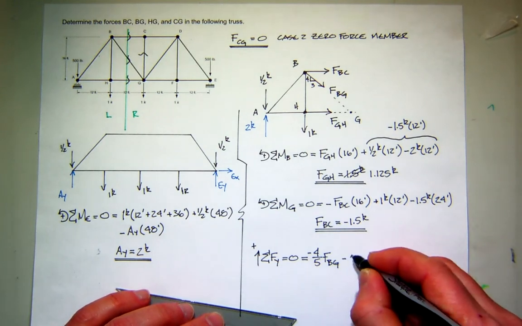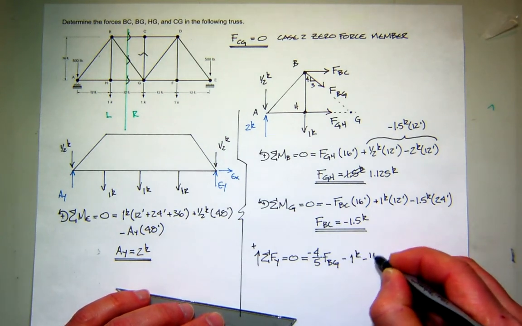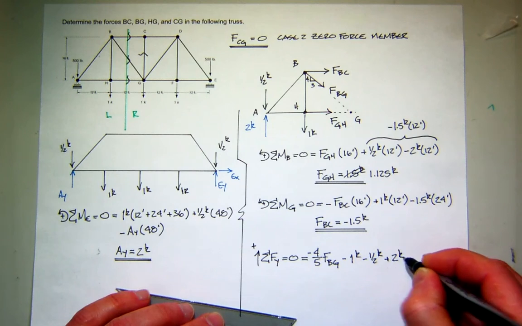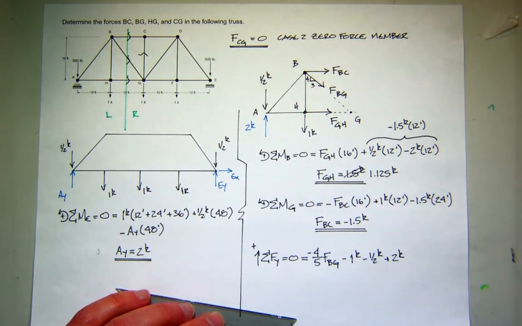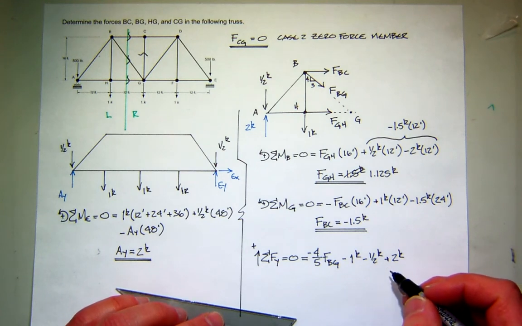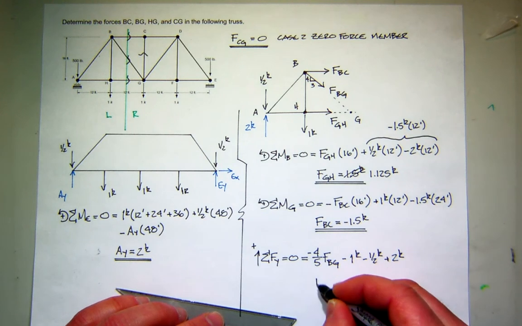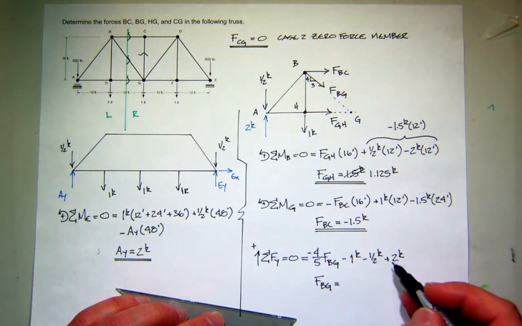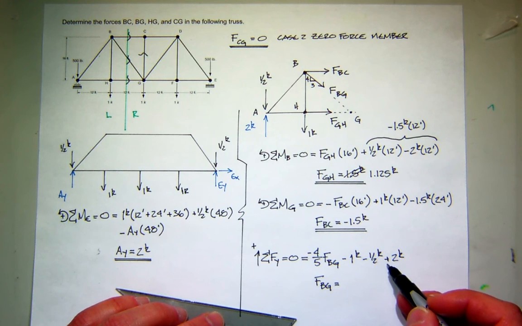And then I've got 1 kip acting down, a half kip acting down, and then 2 kips acting up. So it looks like, what do I get here? Half, I don't know what, 0.625? All this over here ends up with a positive a half, right?